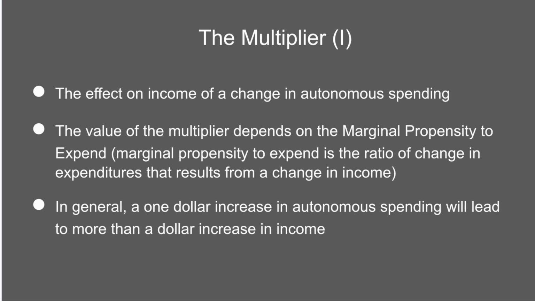Here we introduce something called the marginal propensity to expend. Really, the marginal propensity to expend is the ratio of the change in expenditures as a result of a change in income. So your income goes up a little bit, that changes your expenditures, and that's going to impact the economy. In general, a $1 increase in autonomous spending will lead to more than a dollar increase in income. That is the concept of the multiplier.